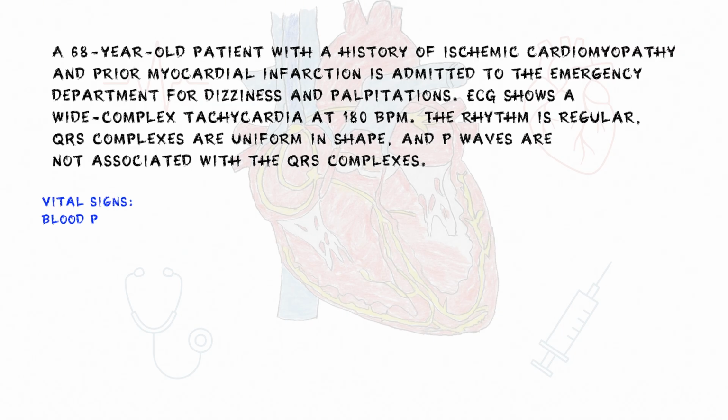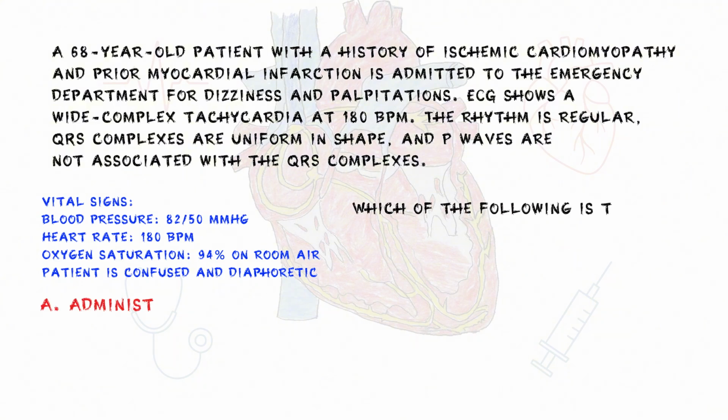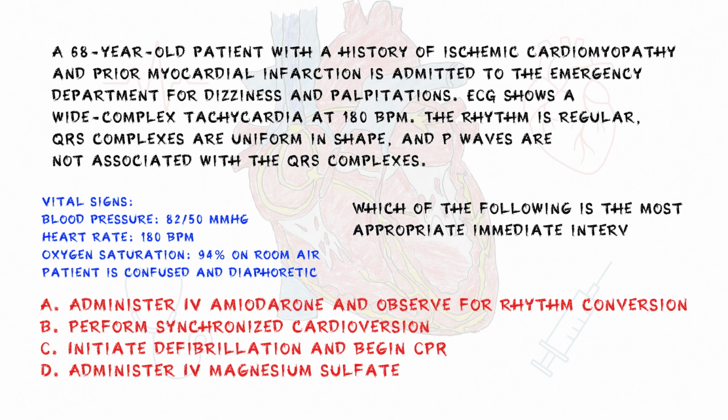Vital signs: blood pressure 82/50, heart rate 180 beats per minute, oxygen saturation 94% on room air, patient is confused and diaphoretic. Which of the following is the most appropriate immediate intervention? Take your time and give your guess in the comments.